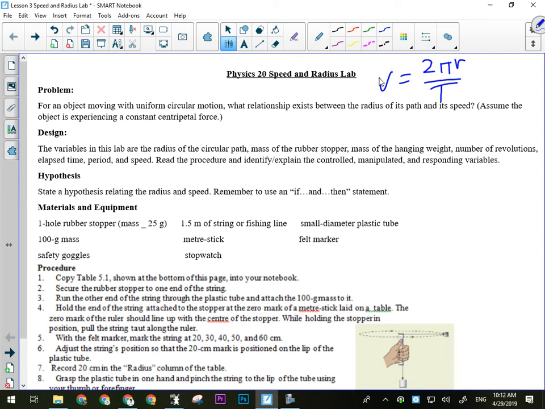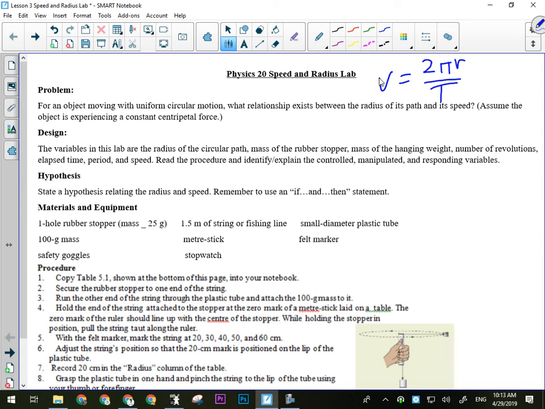If I hold the string while this thing's going around and around in a circle, I don't know what the centripetal force is, because it can change, since it's being provided by me holding the string. So I have to hold just the tube. Now, there's tension in the string, but not because of me, so this isn't going to change throughout the experiment. It's got to stay the same.